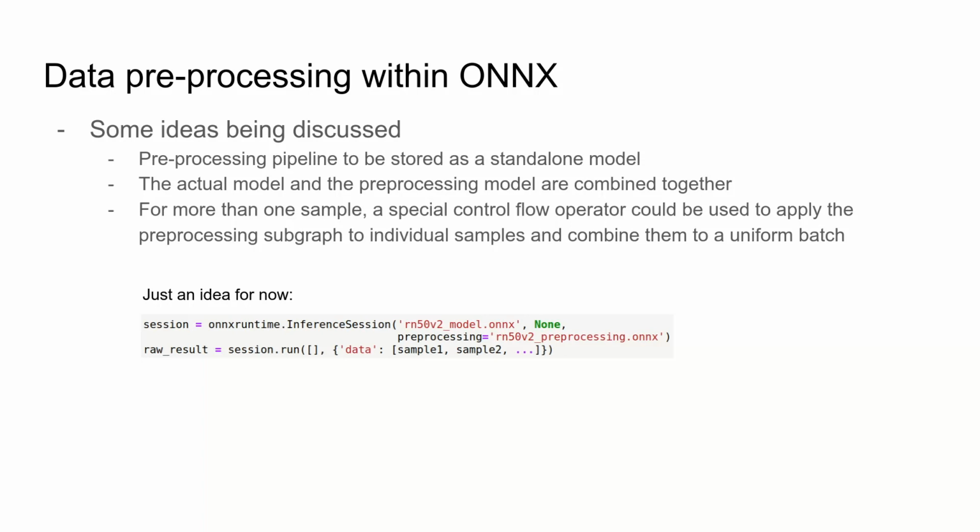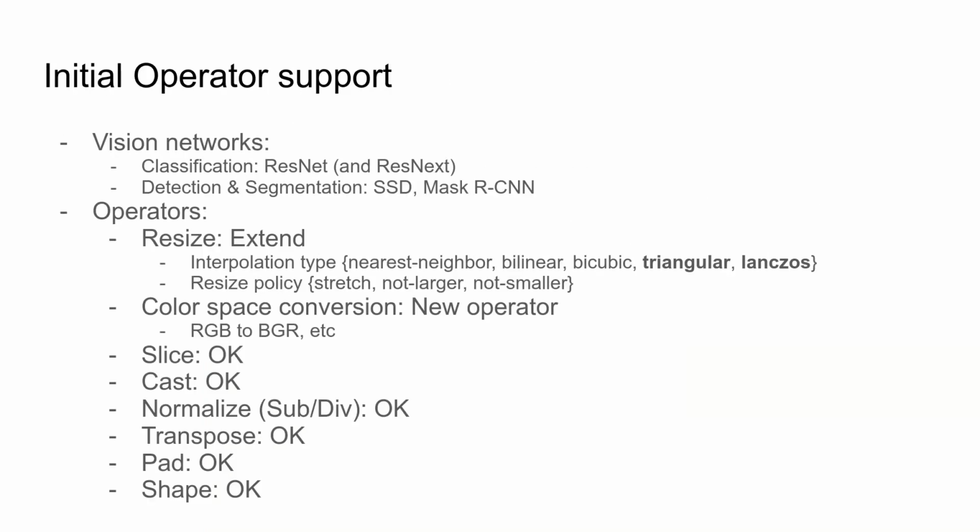At this stage, those are just ideas, and more experimentation needs to be done before we decide on a particular approach. For the first prototype, we agreed to focus on a set of computer vision networks, namely ResNet, SSD, and MaskRCNN. Most of the necessary operators are already present in ONNX. The resize operator would need to be extended to support other interpolation types when resampling.